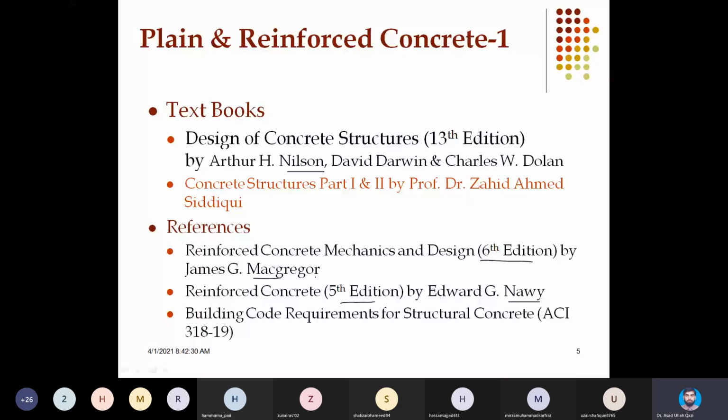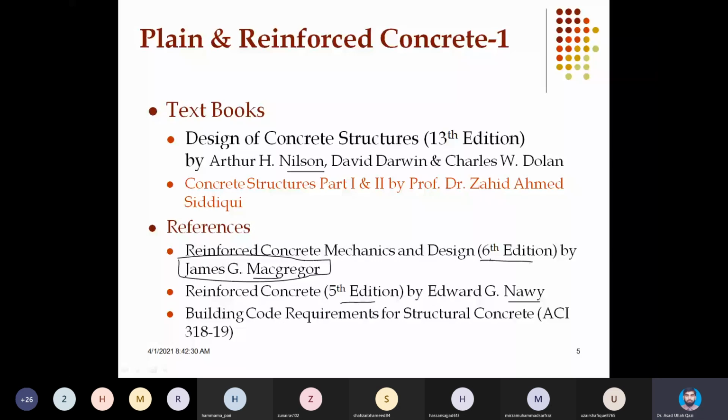So some equations, empirical, based on latest research, they are not actually in agreement with the latest code. So in order to understand the mechanics, these are very good books, particularly by James G. MacGregor. But this sixth edition is actually referring to 2011 publication of ACI.